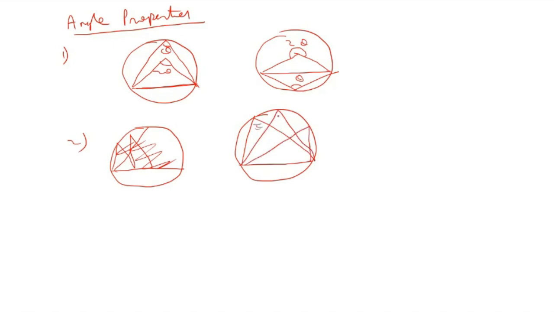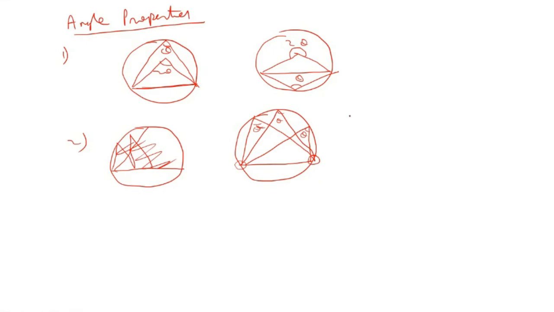All these three will be of the same value, theta, theta, theta, same segment. And how to figure out whether angles can be equated? Just see the end points of those angles. If it's the same chord that they are covering, then they'll be equal. Okay, so angles in same segment.